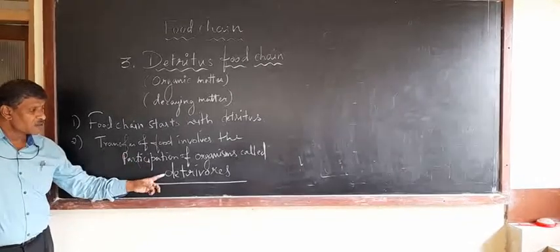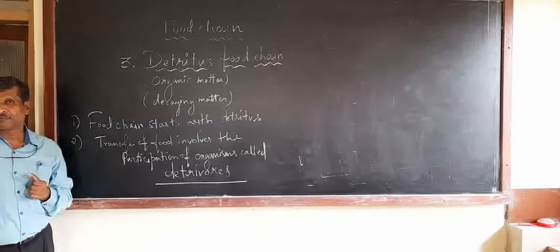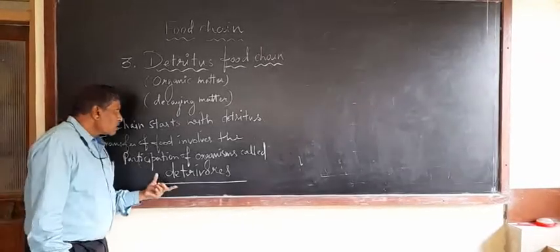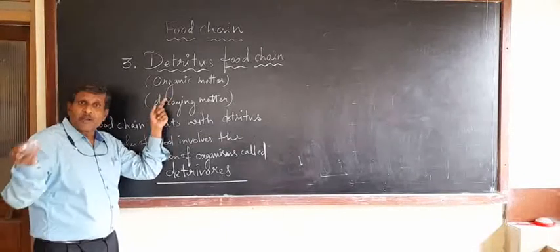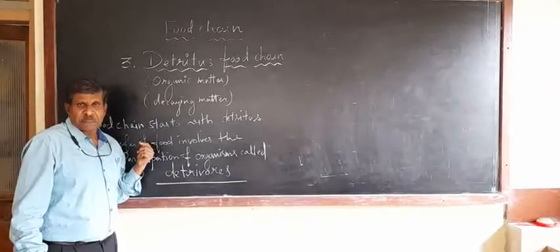These organisms are referred to as detritivores. Detritivores are the organisms that normally feed upon the decaying organic matter.